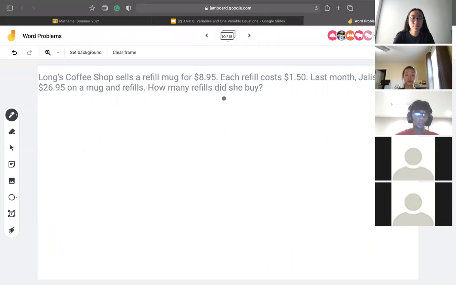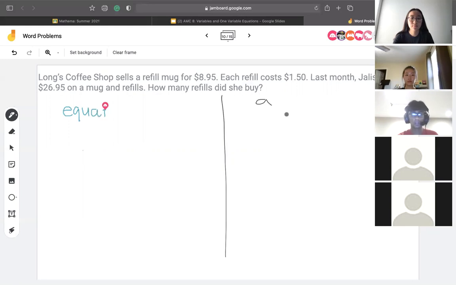Long's Coffee Shop sells a refill mug for $8.95. Each refill costs $1.50. Last month, Jalissa spent $26.95 on a mug and refills. How many refills did she buy?